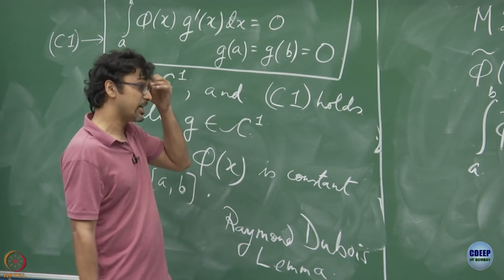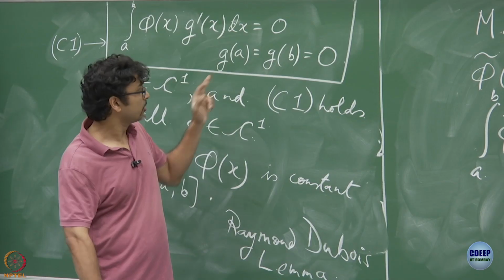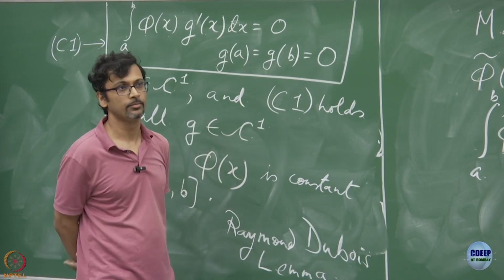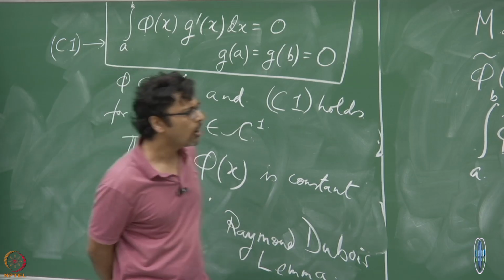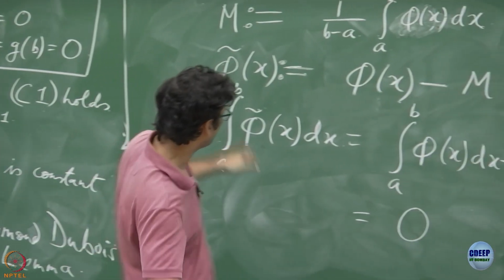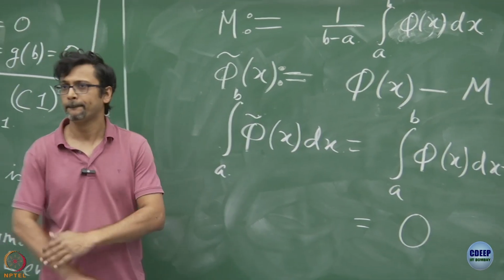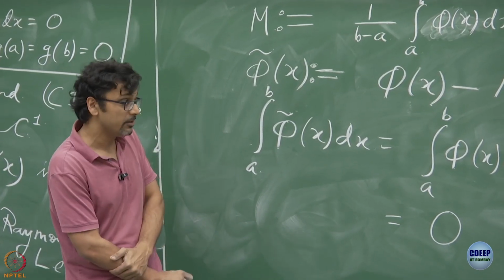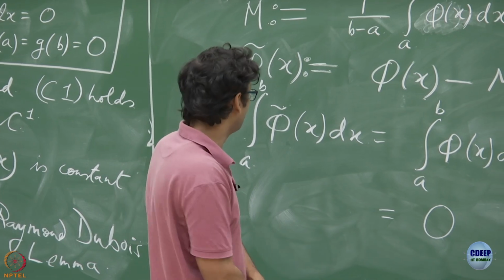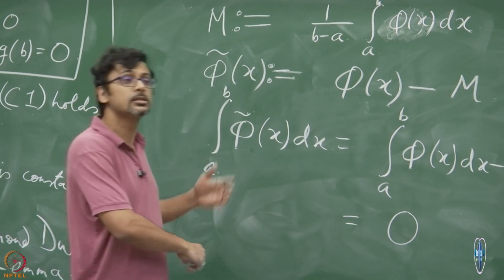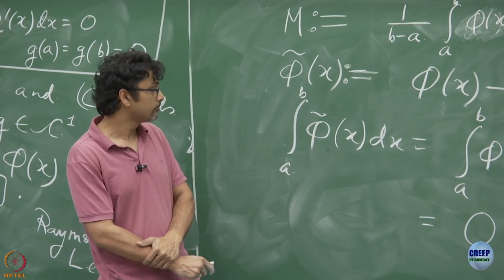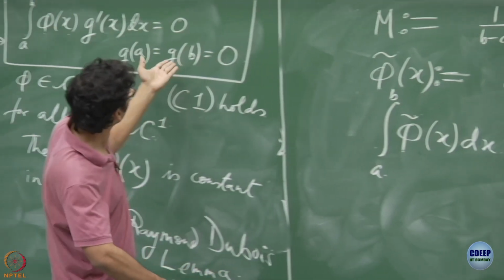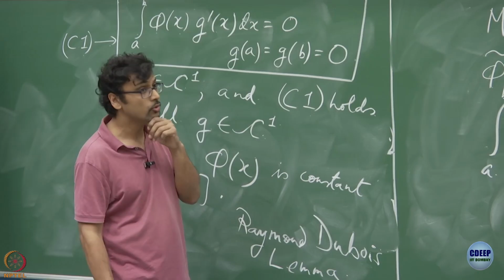Look at what G has to satisfy. G of a is equal to G of b is equal to 0. Does that somehow connect to anything that you can think of about phi tilde? Not necessarily phi tilde, perhaps think about its derivatives or its integrals. Anything that reminds you of this property here? G(a) is equal to G(b) is equal to 0.